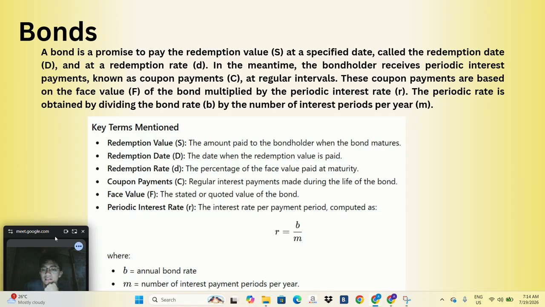Periodic interest rate is the interest rate per payment period computed as R equals B over M, where B is the annual bond rate and M is the number of interest payment periods per year. So, to have a better understanding, let's have an example about how to get the coupon payments.